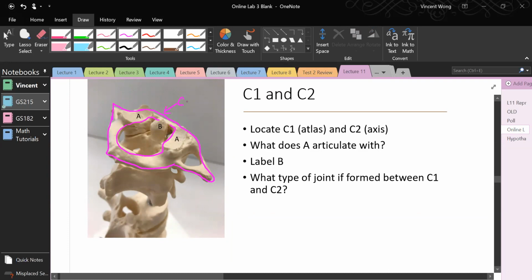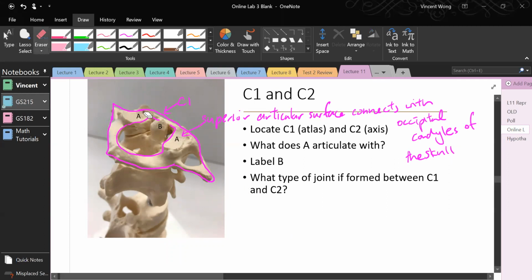And these surfaces, which are the superior articular surface, connect with the occipital condyle of the skull, right?